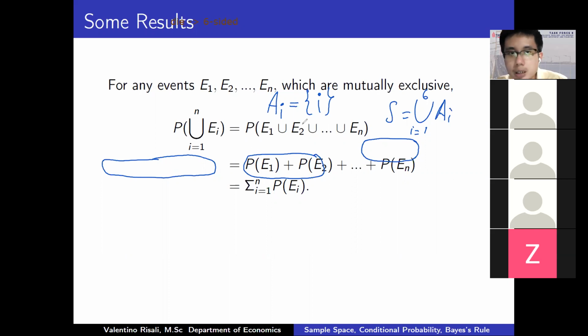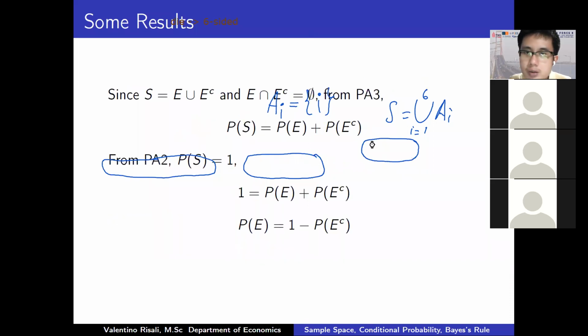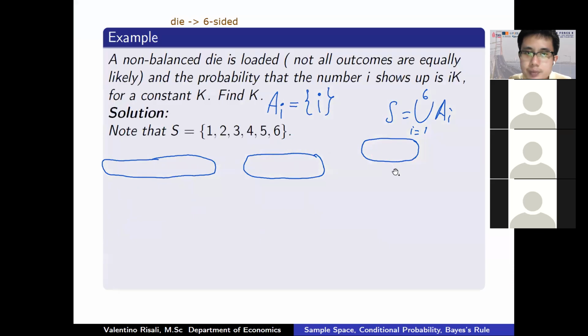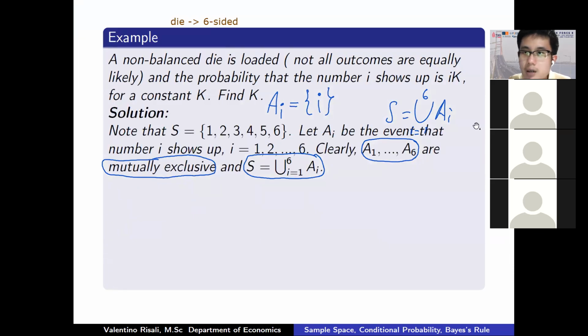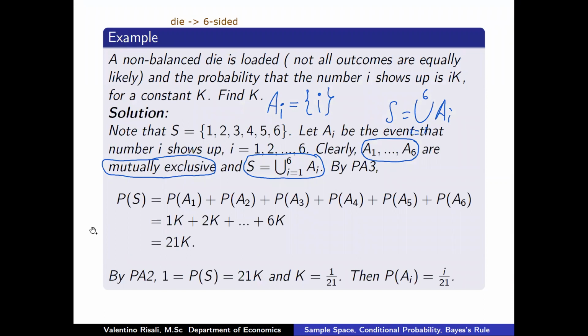They are the same, right? S is equal to this union, so we can use this property to solve this question. From PA3 we can get P(S) is equal to the sum of P(A1) until P(A6).